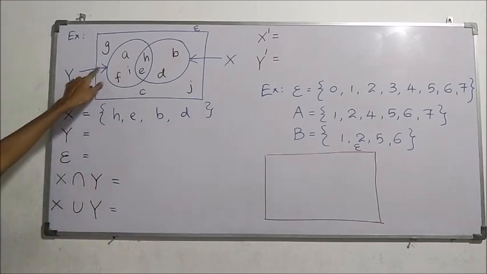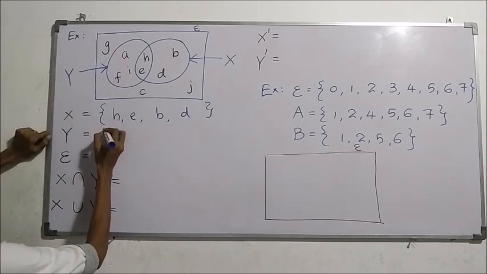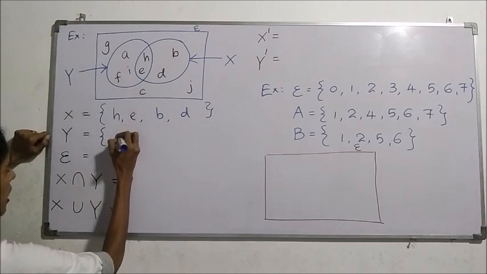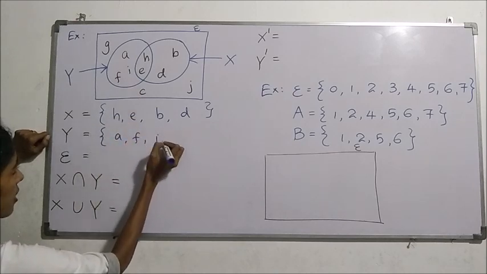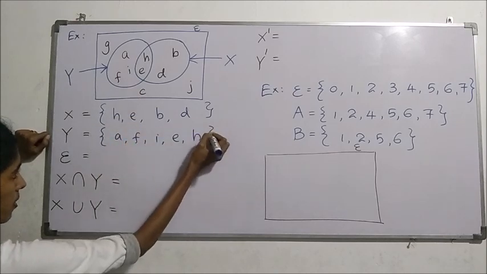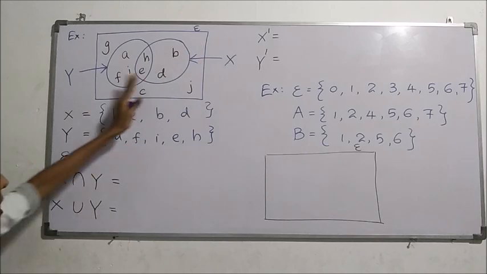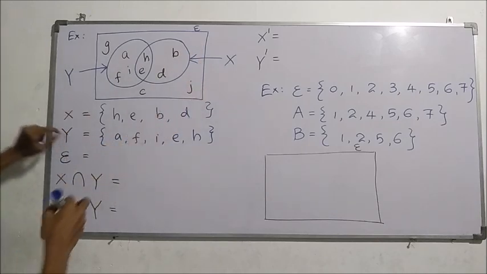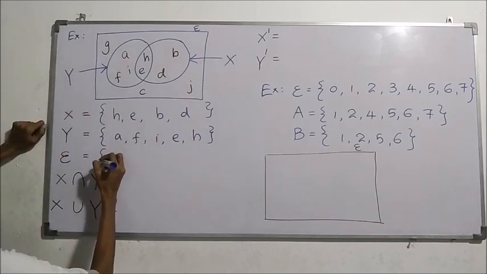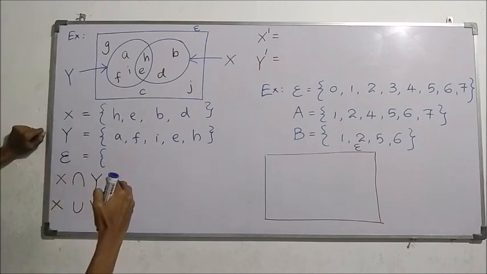Next is set Y, this full circle. What are the letters we can see? A, F, I, E, H. As you wish, you can write, there is no order. Next, the universal set means inside the whole rectangle, what are the elements you can see? If you want, you can start from one region.